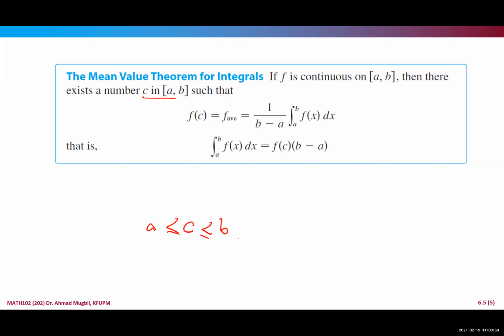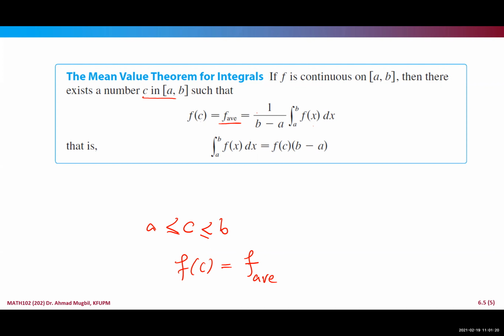It could be a, it could be b, by the way, no problem. Such that the average value of the function that we did in the previous slide is equal to the value of the function at that number. So the value of the function at that number equals f average.